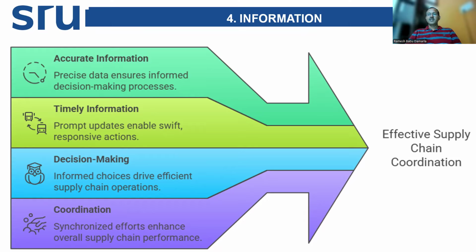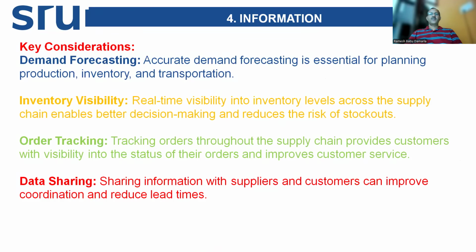Another example: say two warehouses have an excess of one particular kind of material, while a third warehouse or retail store has a shortage. If the information is available live to everybody, they can shift some material from the excess place to the shortage place, so that business is not lost. Hope I'm making sense.